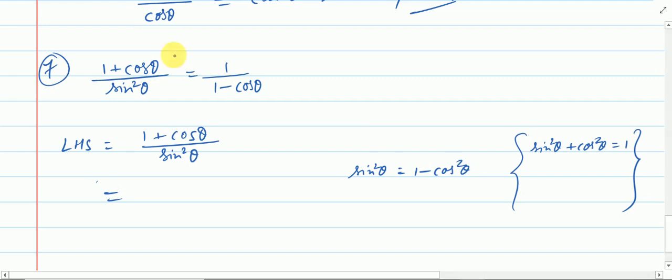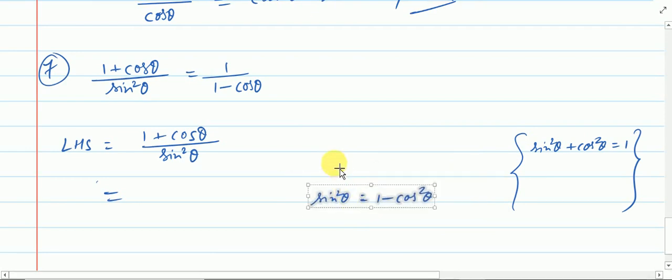Yes or no? So what I will do is, in the next step, instead of sine square theta, I will write 1 minus cos square theta. So I'll get 1 plus cos theta upon 1 minus cos square theta. Done till here, and this is your reason.